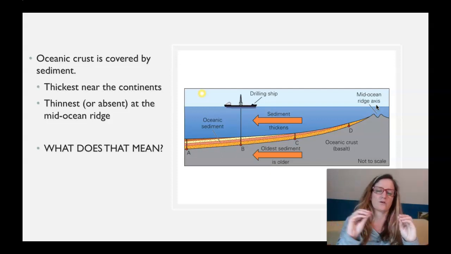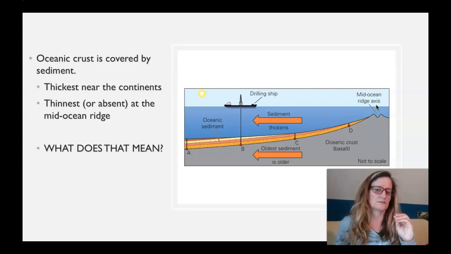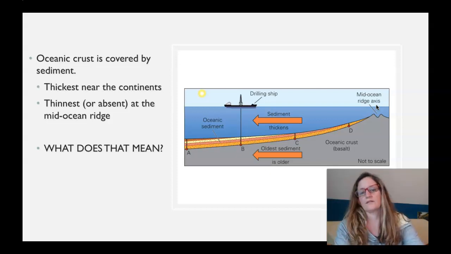So the further away from the mid-ocean ridge, the older the oceanic crust is, the more time there would be for those sediments to fall down and accumulate on the oceanic crust. It's just older crust has more sediment on it because the time is there for it to get thicker.